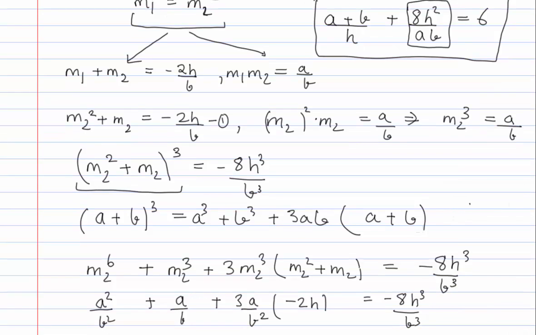So if I look at this, I see a pattern here. I see 8 in the numerator and I see h in the numerator, even though the powers of h are different, and I also see b in the denominator. So I can say that I can arrive at this using this if I multiply this term by some factor here.